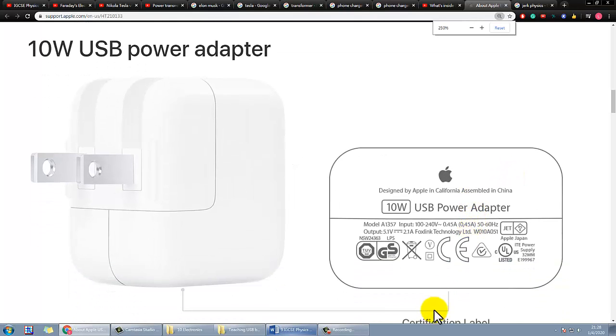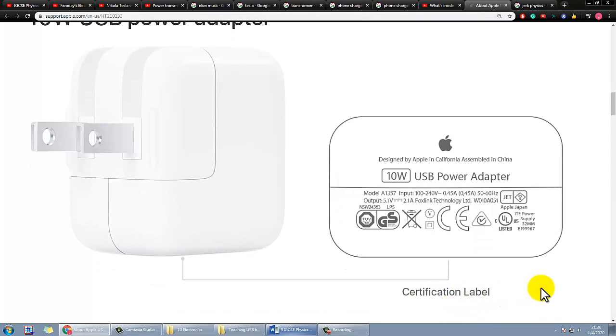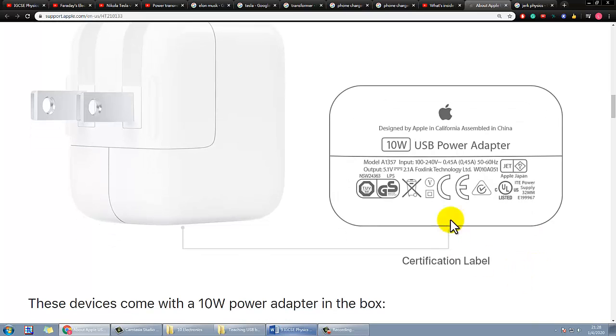And since you learn physics, I hope by now you should be able to understand the meaning of at least most of the words there. These are not so important, but the numbers: 10 watt means the power, how fast you can charge your phone. And the model number is something to do with their own company. Here is something more about physics.